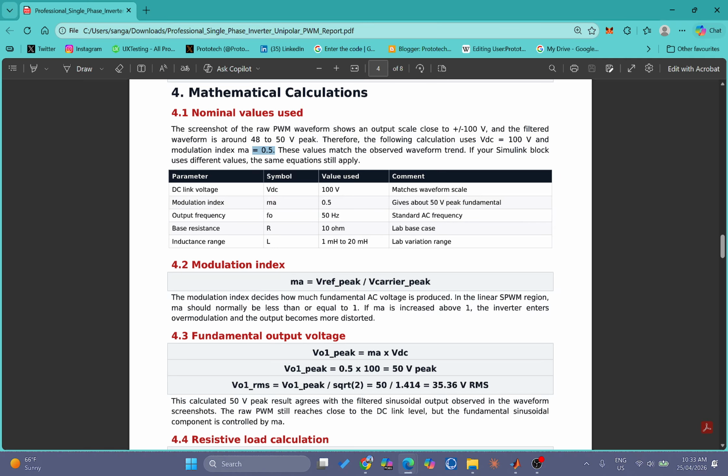Some important parameters here: my frequency is 50. The load resistance is 10 ohm, and I want to see two different loads. Load one will be a purely resistive load of 10 ohm, and the inductive load will be 1 ohm with some inductance values.